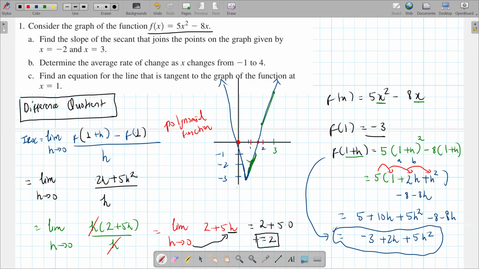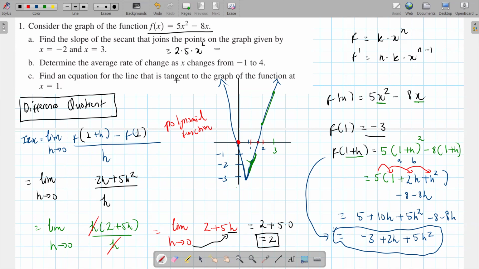Now that's using the difference quotient, which is always annoying. What's the derivative of this using the shortcut? This was the formula. You're going to get two terms. So for 5x squared, we bring the 2 down. It becomes 2 times 5 times x to the power of 1.